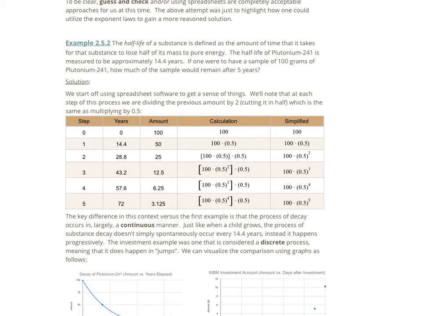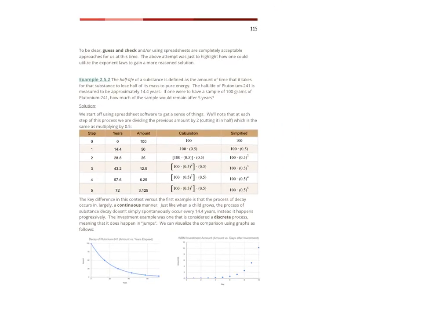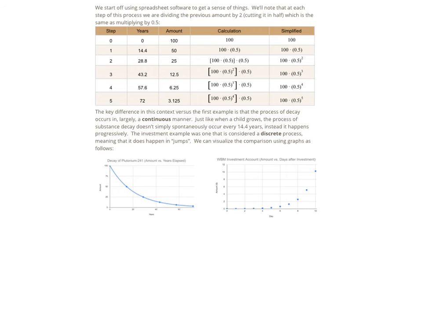So when we're setting up this equation, we are looking at a decay model here. This is an example of a decay model where we're working downwards exponentially. In our investment question, we were working exponentially up.